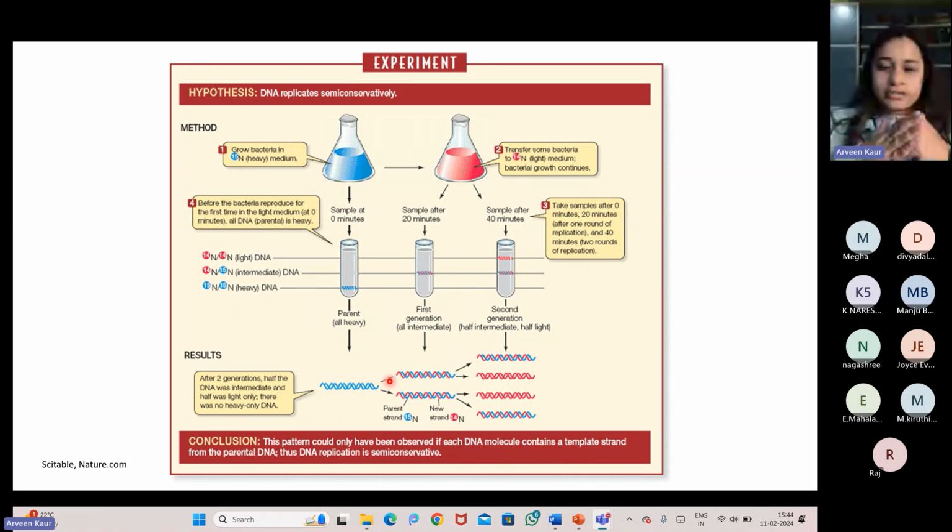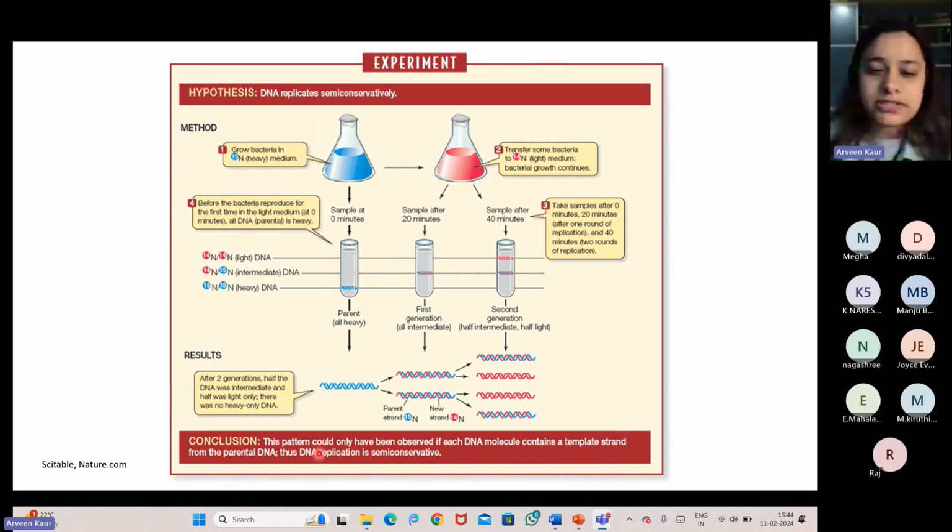So after the first division, all these originally heavy strands had gotten separated and acted as templates for new strands to grow on. That is why no heavy-only strand was observed at the end of this experiment.